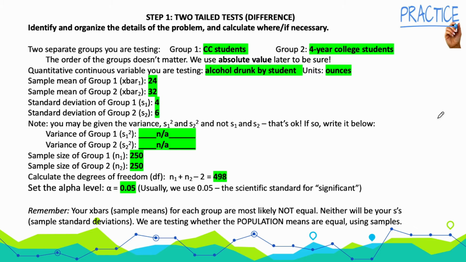So here I've taken the information from the practice problem that you have, testing whether community college students and four-year college students drink different amounts of alcohol on average at the population level. So I've organized that information in this table. If you're doing these problems for homework or on a test, make sure to download the worksheet so that you can organize your information clearly, cleanly, and quickly.